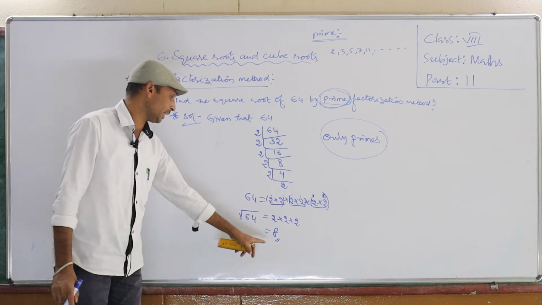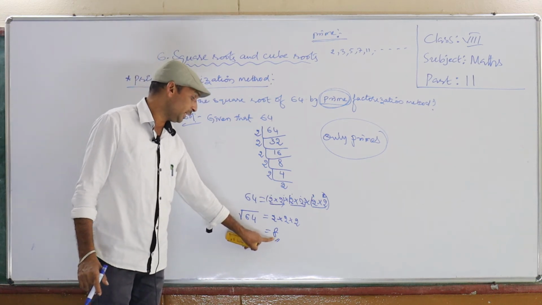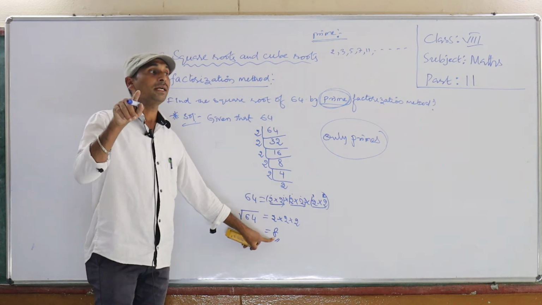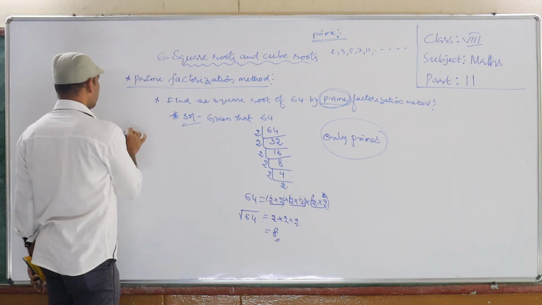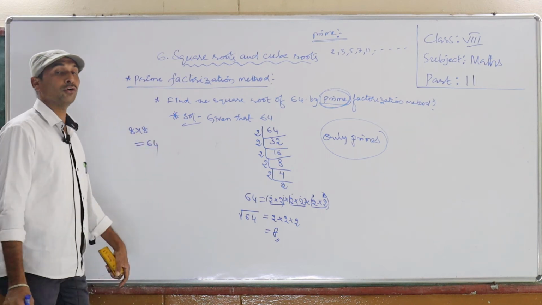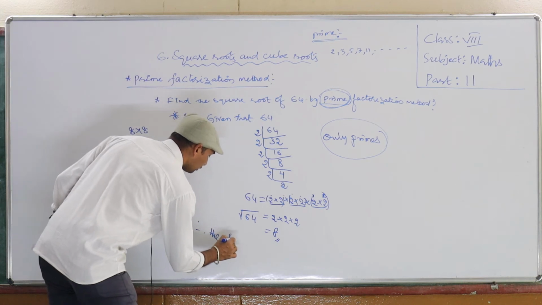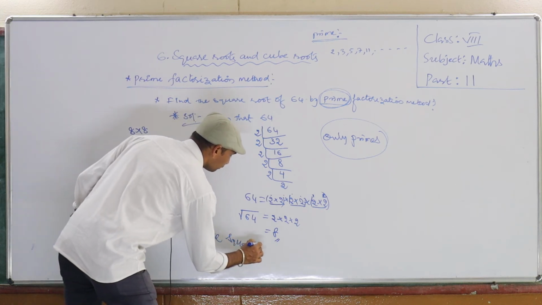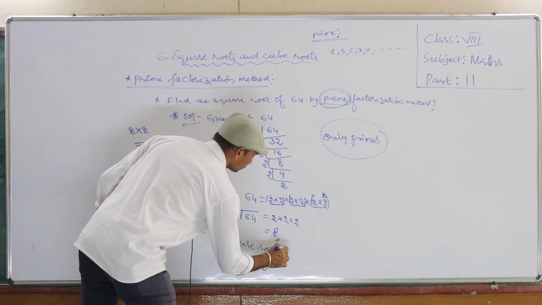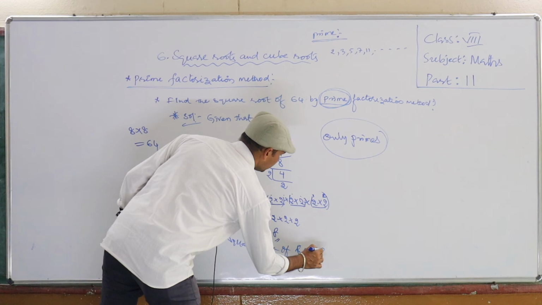So children, after getting this answer, if you have any doubt, 8 multiplied by one more 8, that is 8 into 8, what do we get? 64. Therefore, the square root of 64 is 8.